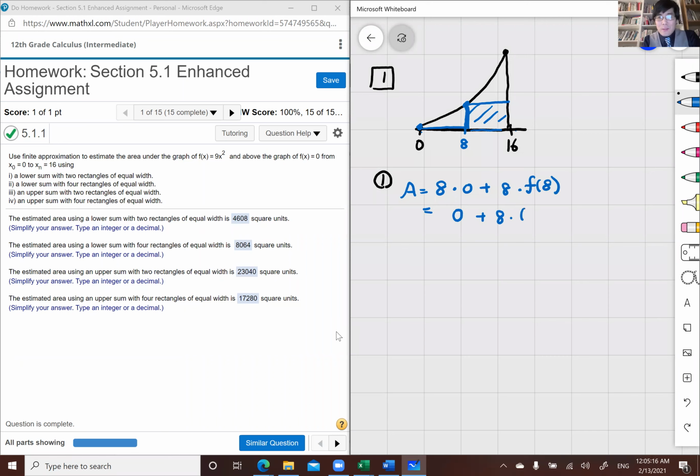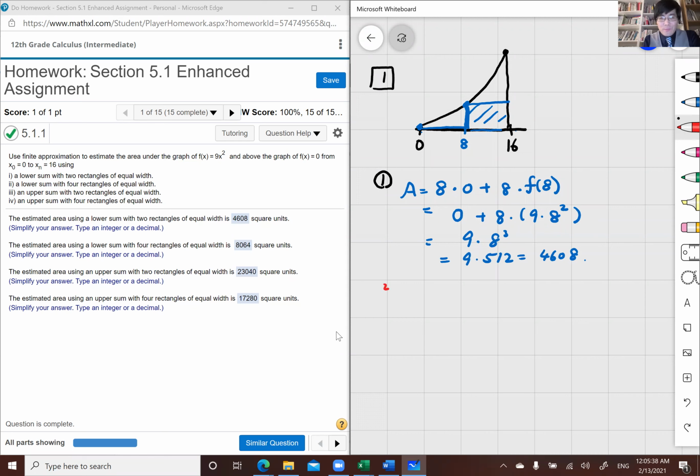So it's going to be 9 times 8 squared, that's 9 times 8 cubed, which is 512. So it's going to be 4608.